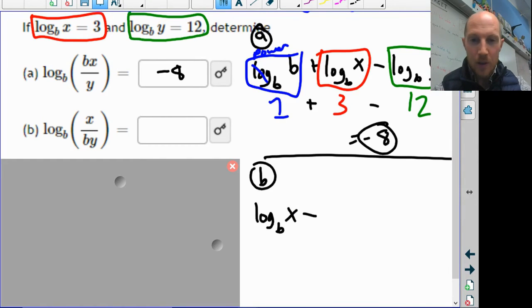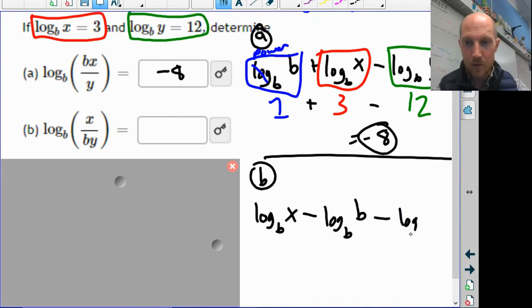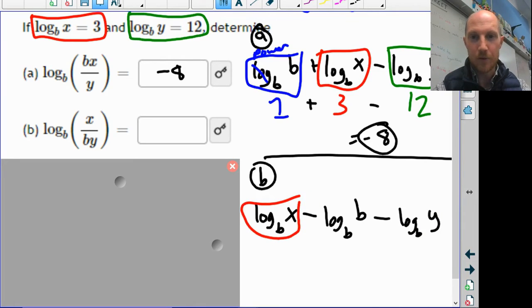Okay, so be careful. There's two things in the bottom of the division. So this is going to be log base b of x minus both of them, but we're going to do one at a time. So log base b of b, and then minus again, because the y also is being divided. So log base b of y. Yeah, that one is 3.